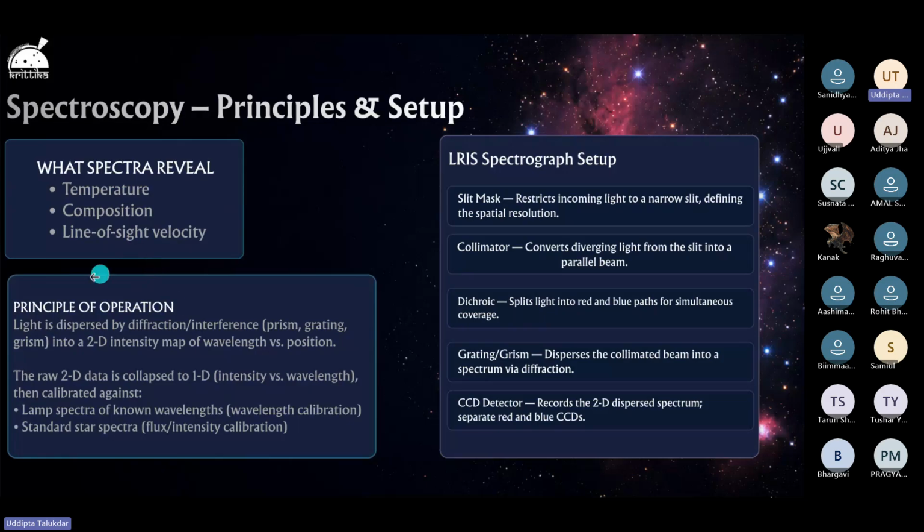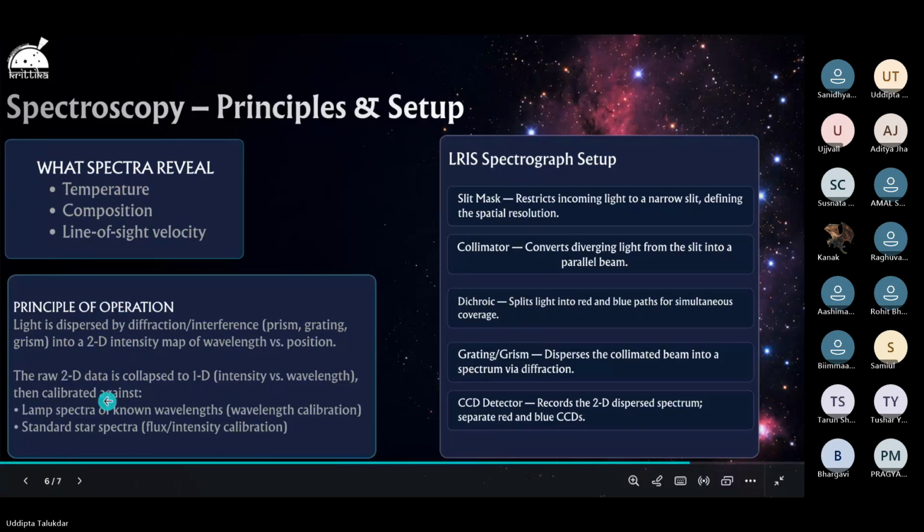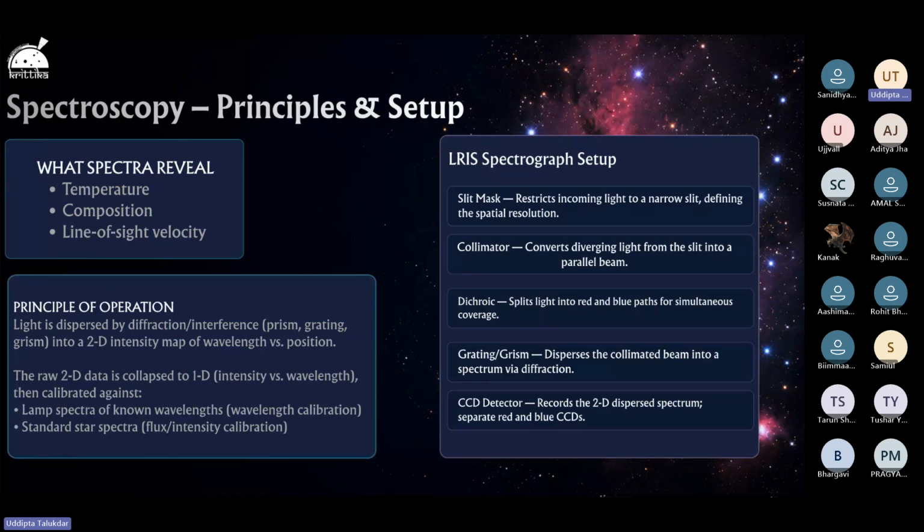In wavelength calibration, we shine a lamp with its known emission lines to map the pixel position to its exact wavelength. And for flux calibration, the detector records the ADU counts. We observe a standard star of known brightness to convert the raw counts into real physical units.